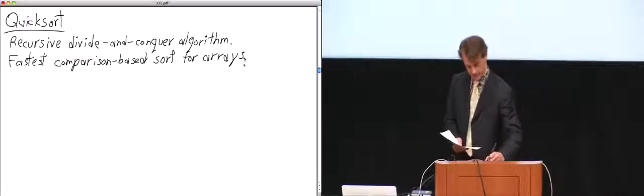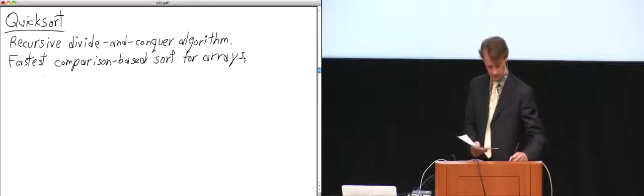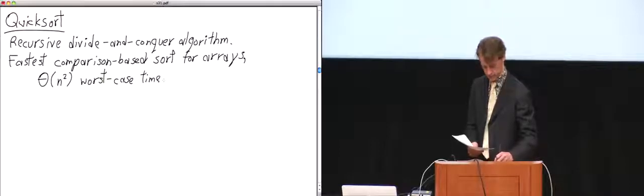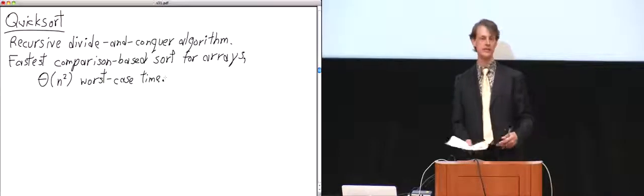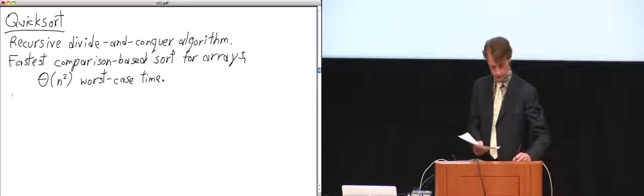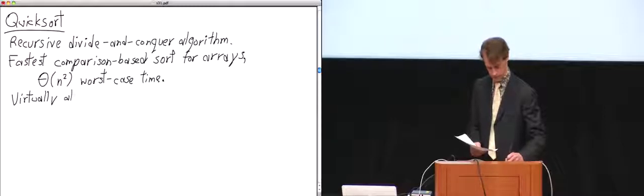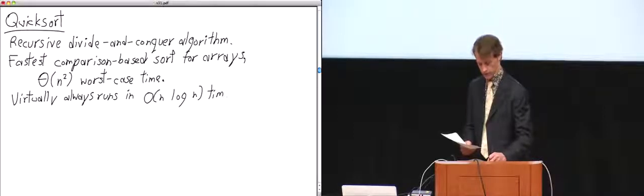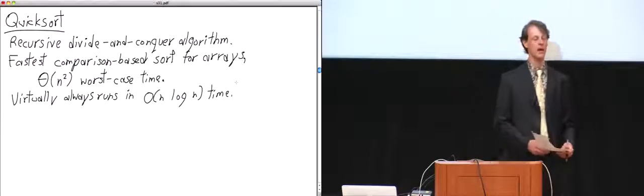And yet, I'm going to sound like I'm contradicting myself here, but its worst case running time is n squared. However, if it's implemented correctly, it virtually always runs in big O of n log n time. So for all practical purposes, it is an n log n time algorithm.